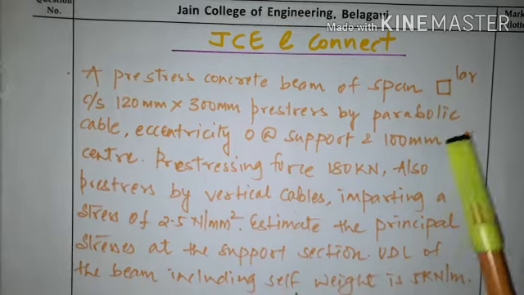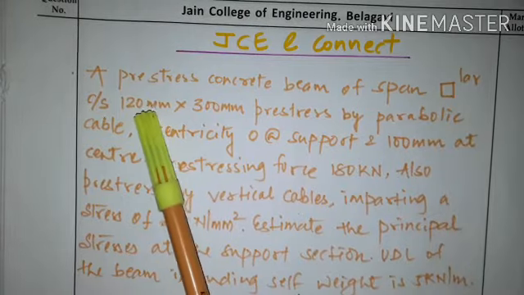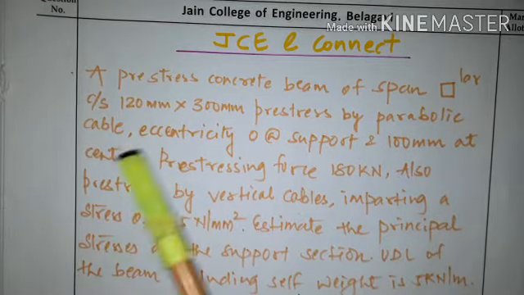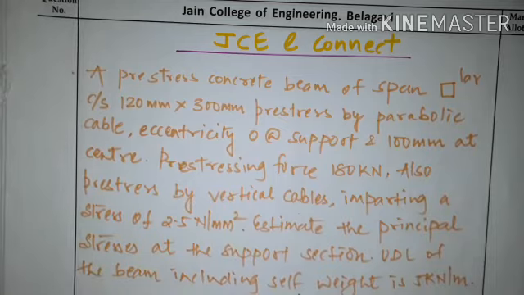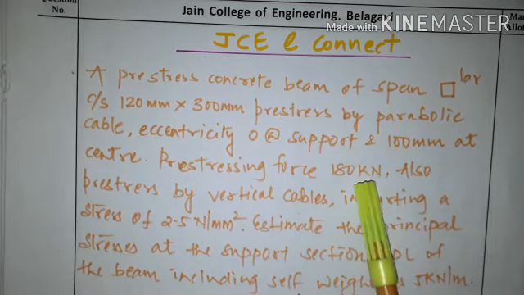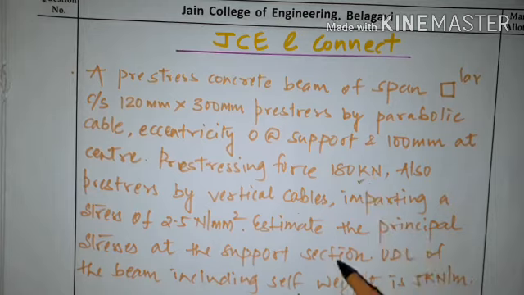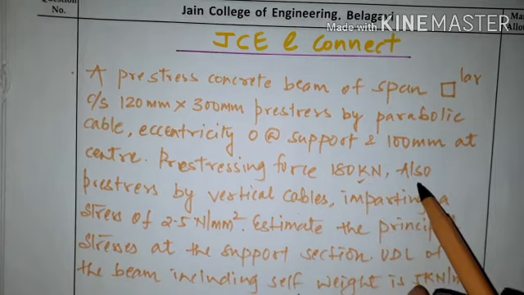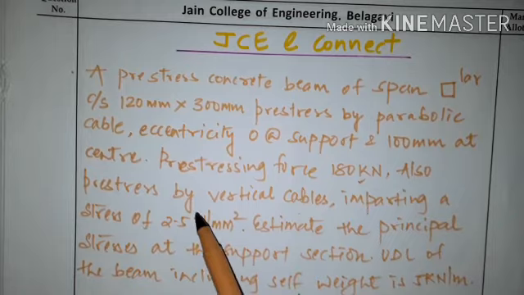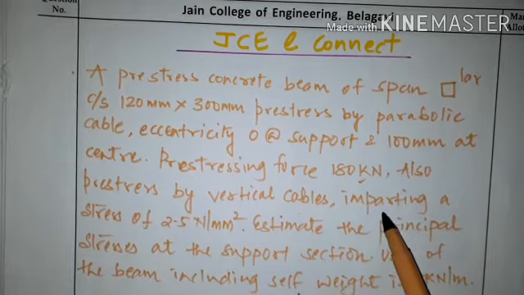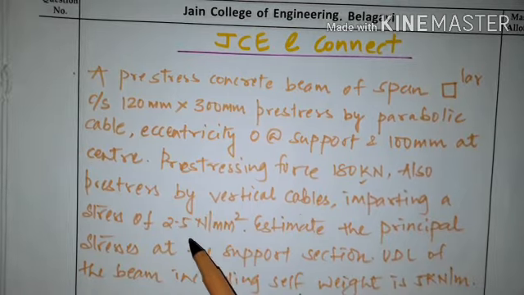So again it's a rectangular cross section of size 120 mm by 300 mm, pre-stressed by a parabolic cable with 0 eccentricity at support and 100 mm at midspan. The pre-stressing force given is 180 kilonewton. This is the new condition added in this problem: also pre-stressed by vertical cables imparting a stress of 2.5 Newton per mm square.